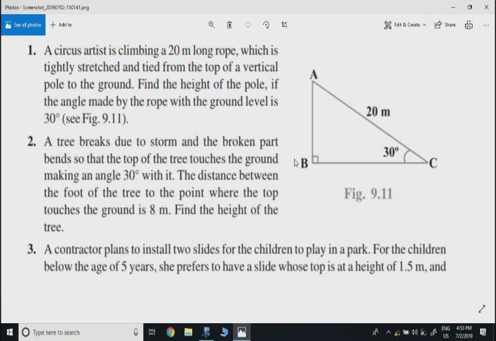Shillong Center, what is your answer? Sonu, are you getting it? Okay, same answer you are getting. So shall we move ahead?